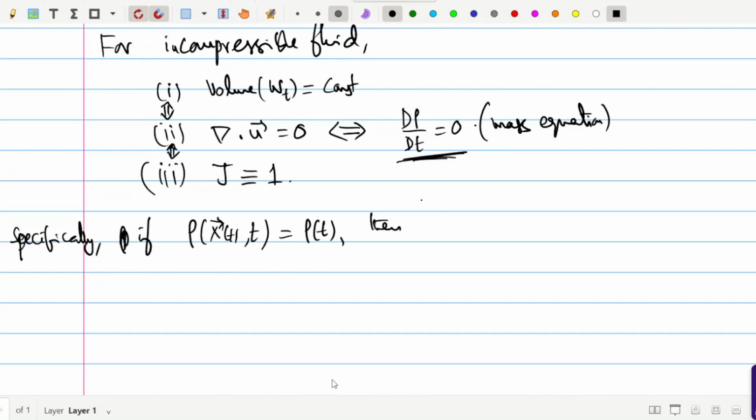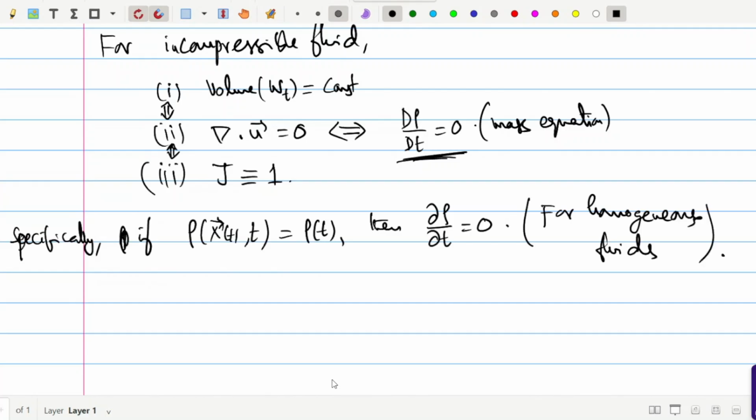That is equivalent to ∂rho/∂t equal to 0. This is called homogeneous, for homogeneous fluids. Incompressible and homogeneous, for example if the density only varies with time, is also true.